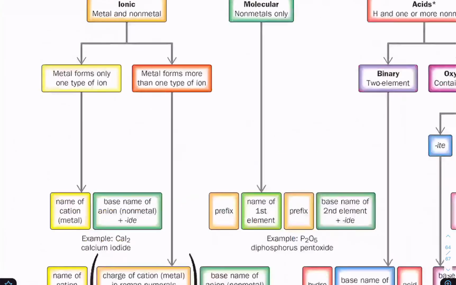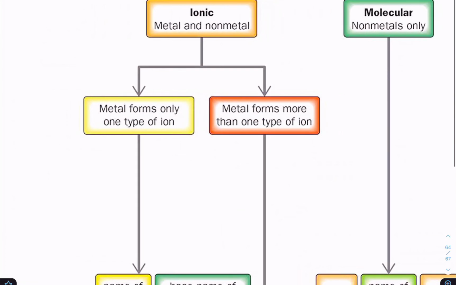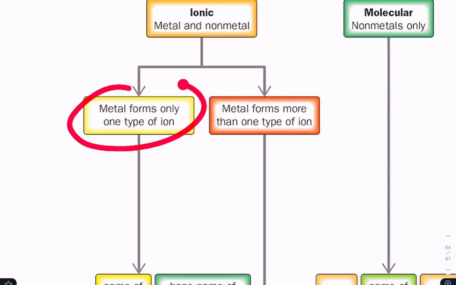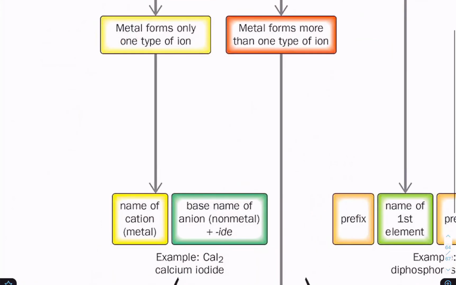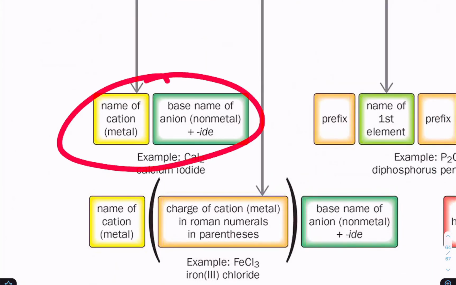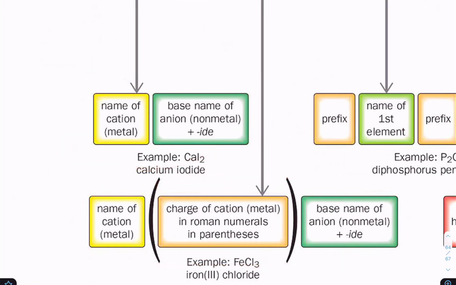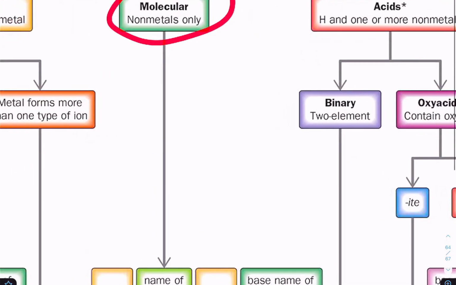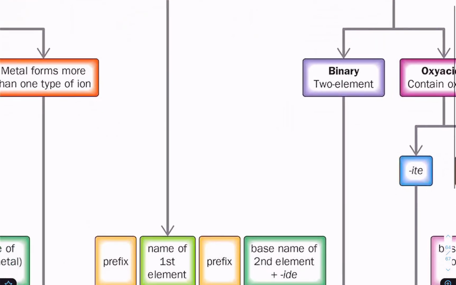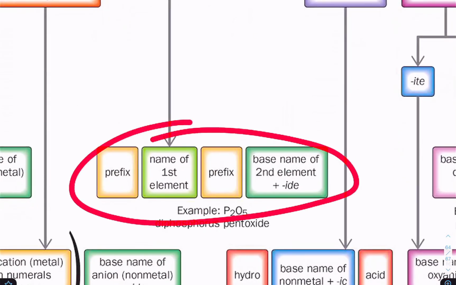But this does cover all of the rules for all of the compounds. All right, so we've got metal, nonmetal, gives us an ionic compound, and then we've got metals that form one type of ion and metals that form more than one type of ion. And we can go down and we have the naming rules for each of those. And then if we have molecular compounds, meaning nonmetals only, then naming rules for those, which are much simpler.